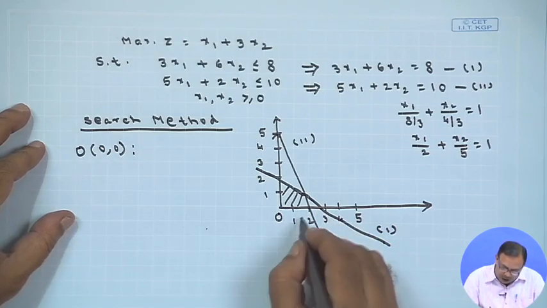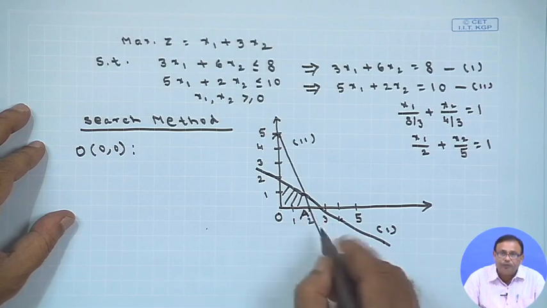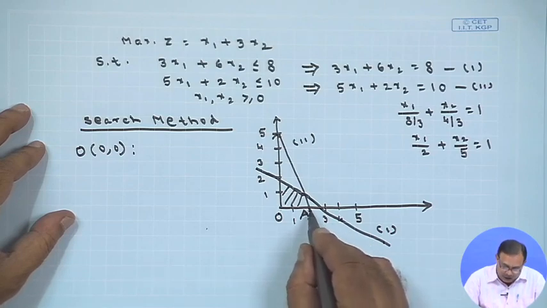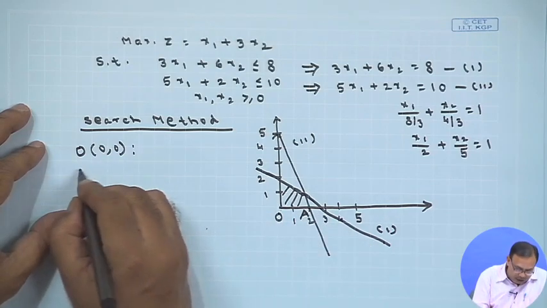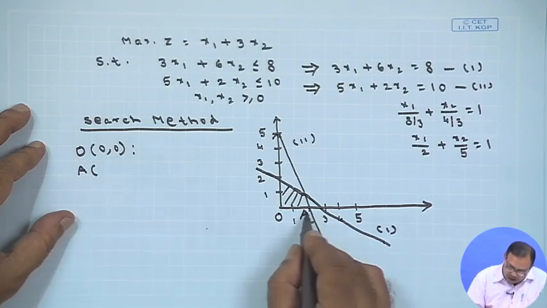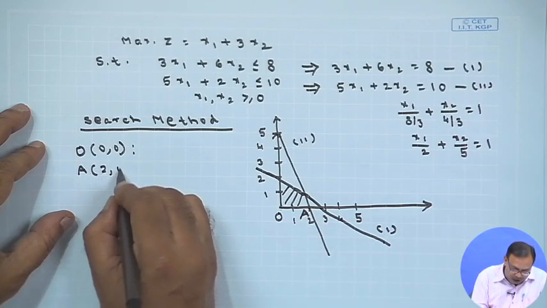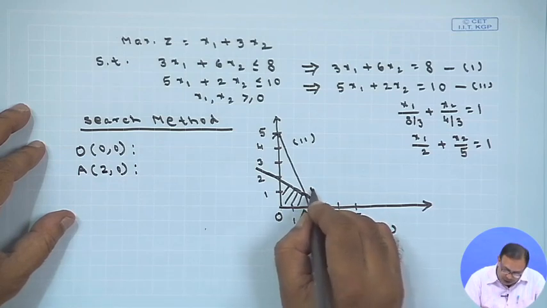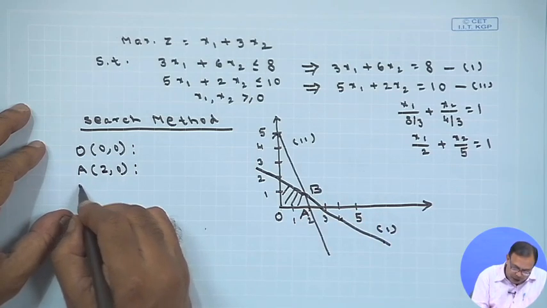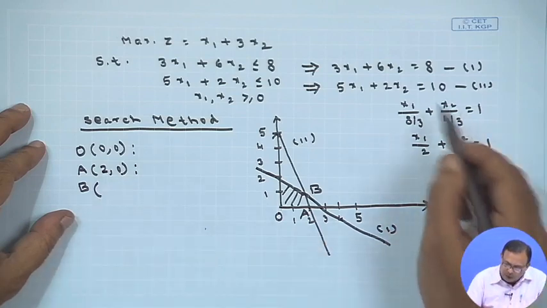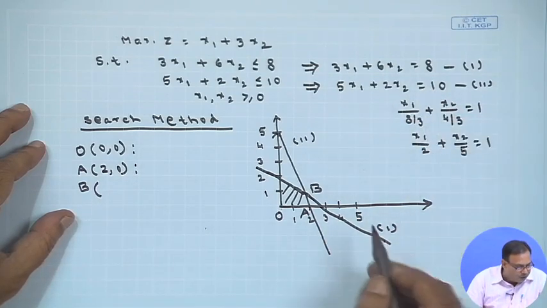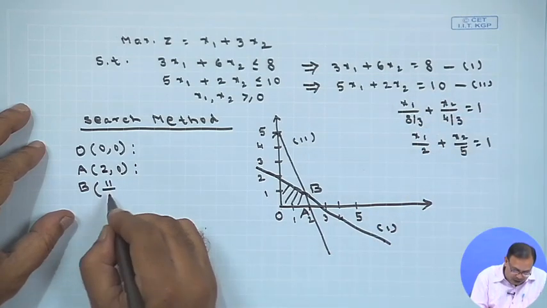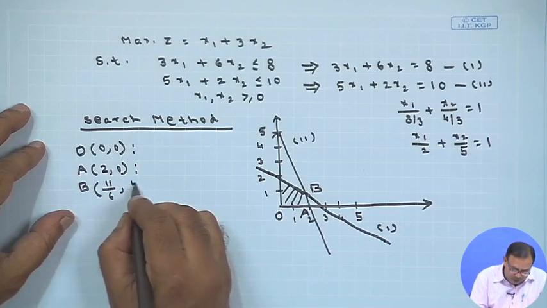Second, this is the point A, with coordinates 2, 0. Then this is the point B, which if you calculate by solving, you will get 11 by 6 and 5 by 12.